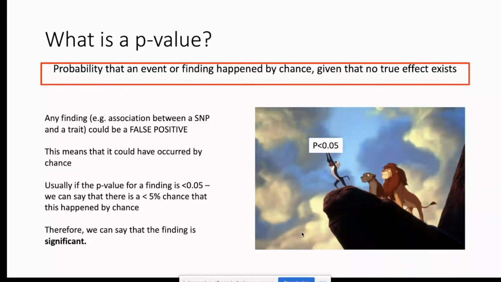That's what the p-value shows. It's a probability of getting this outcome by chance. In science, there's always this controversy about p less than 0.05. This means that we would accept a finding as being significant, or unlikely to be by chance, if the p-value was less than 5%, so less than 0.05.